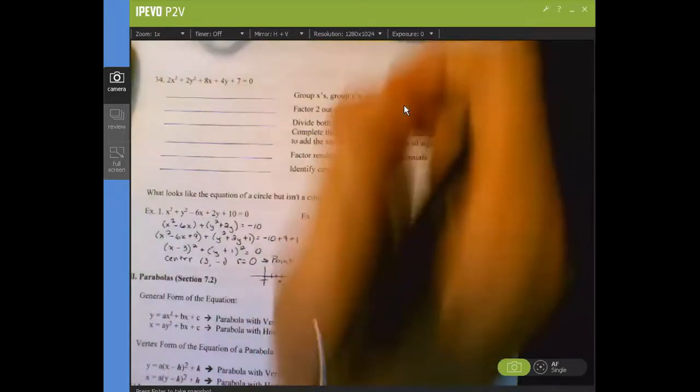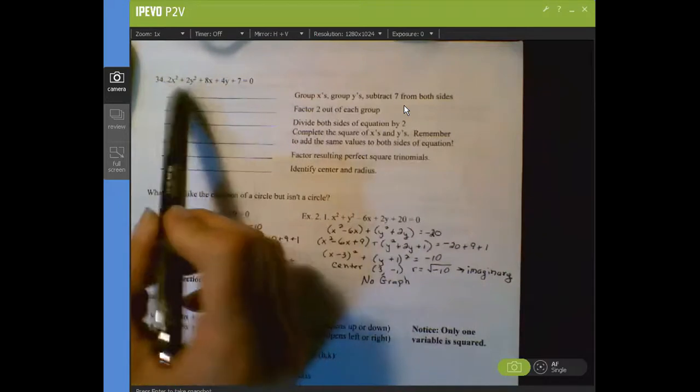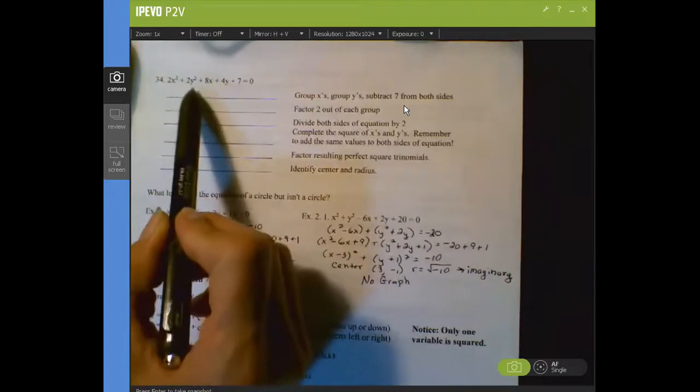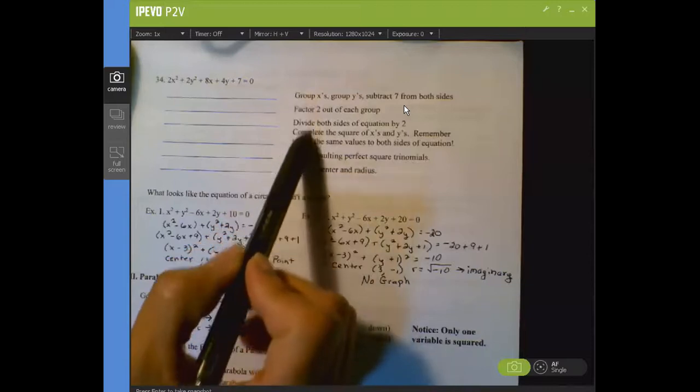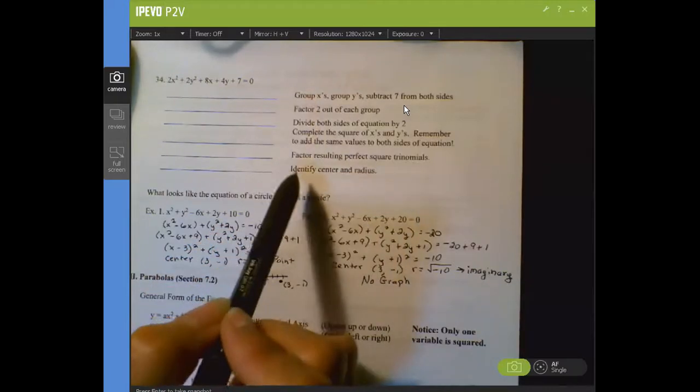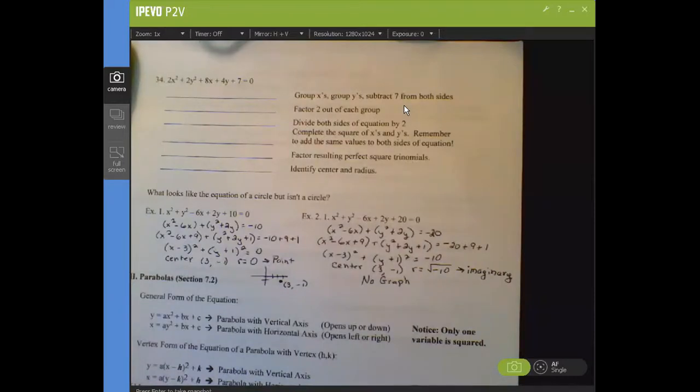So if you follow these steps, no matter what equation I give you, if the x and the y are both squared and they both have the same positive coefficient, but it's not 1, then this is exactly what you're going to have to do to get it in the form where you can complete the square.